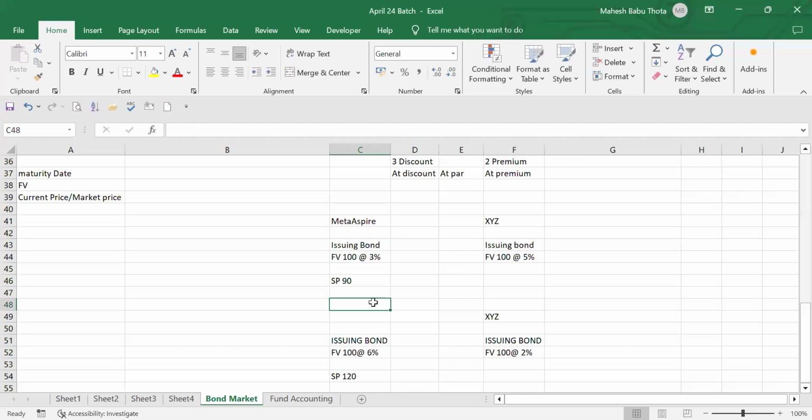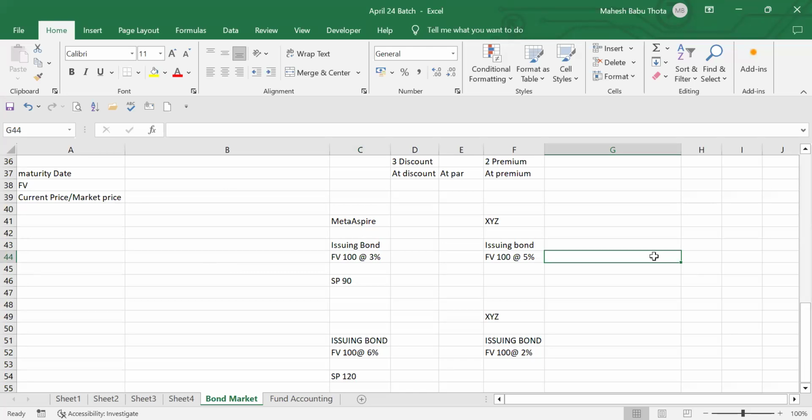When one was increasing, the other should decrease. If the interest rate is more, you give a discount. If the interest rate is less, you increase the sales price. So basically, interest rates and bond prices always have an inverse relationship.